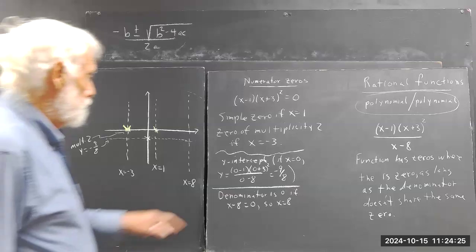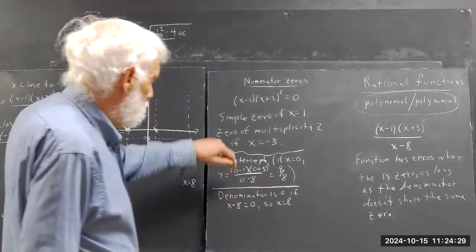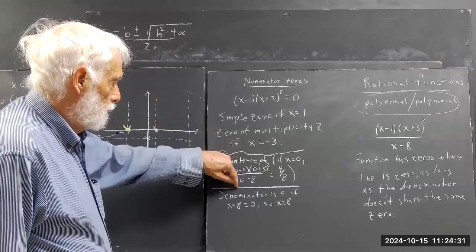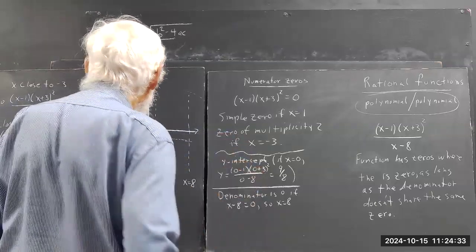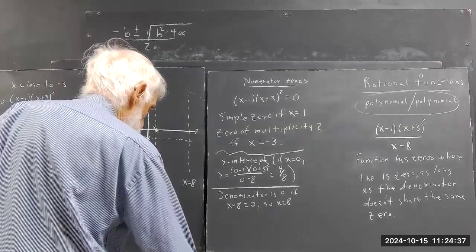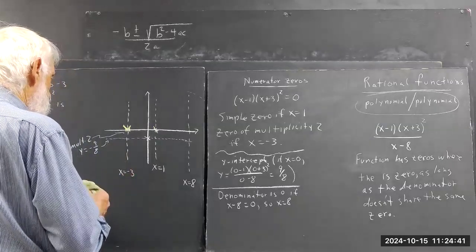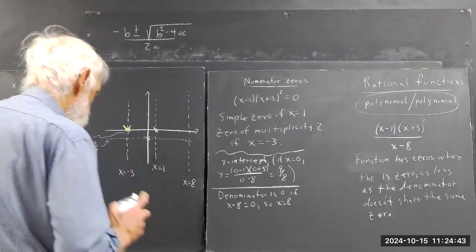Oh, when I said the y-intercept was -9/8, I was wrong, because we have a negative here and a negative here, and this is positive, it's plus 9/8. So it turns out the y-intercept isn't here.